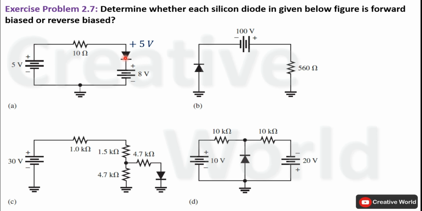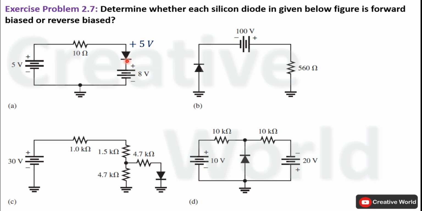Before we make any decision about the biasing of this diode, we have to remember the conditions for forward biasing of a diode. First condition is that the diode anode terminal should have a positive connection while the cathode terminal should be connected to the negative terminal of the voltage source.